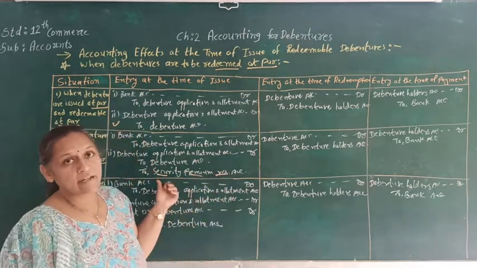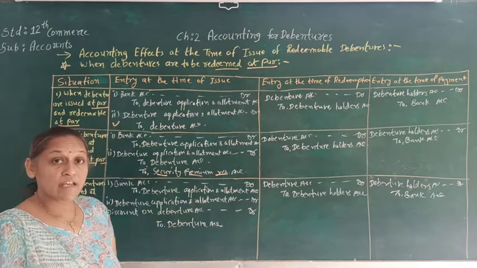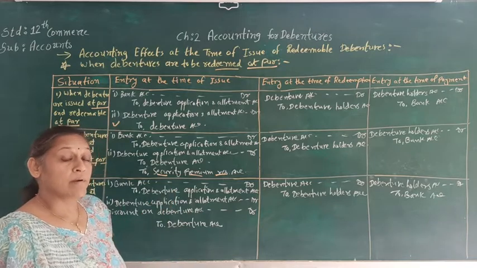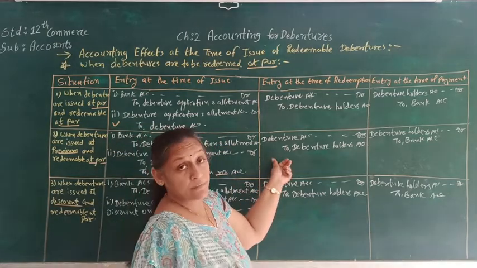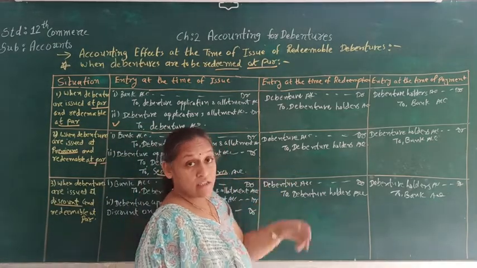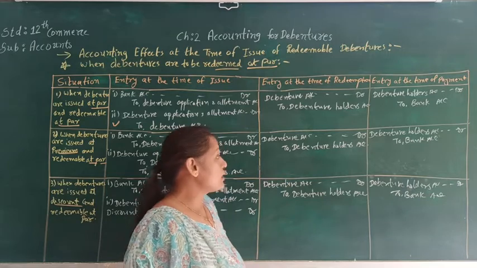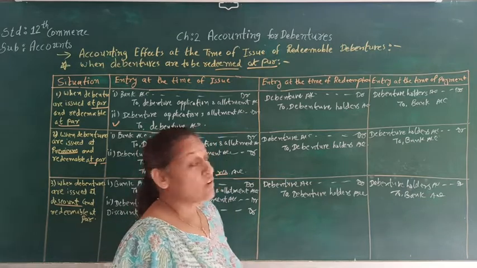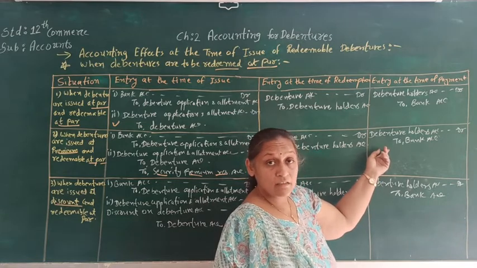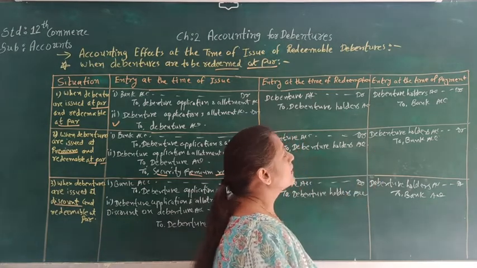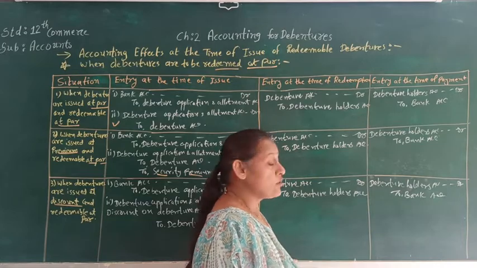That is passed when we are issuing debenture at premium. At the time of redemption, debenture account debit to debenture holder account, and when the payment is done, debenture holder account debit to bank.